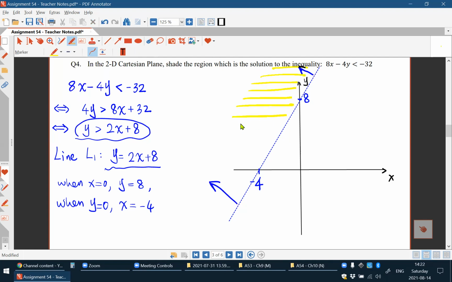This is our region. Or you can use an arrow like this. The shaded region is above this line.